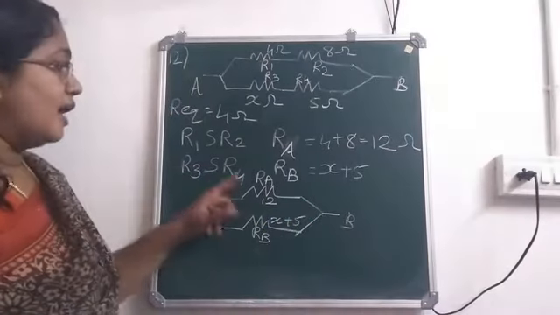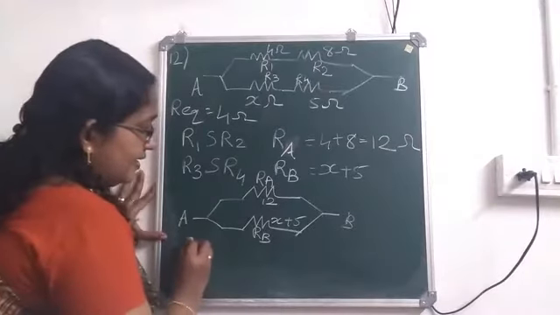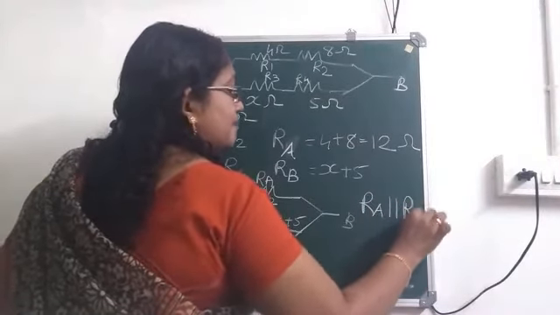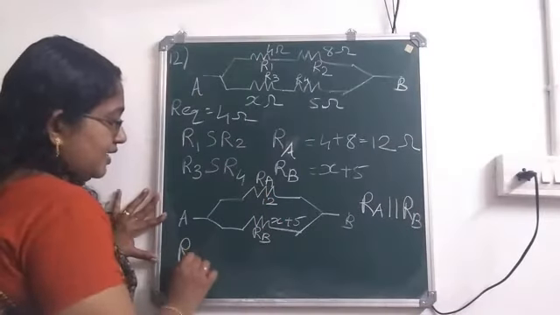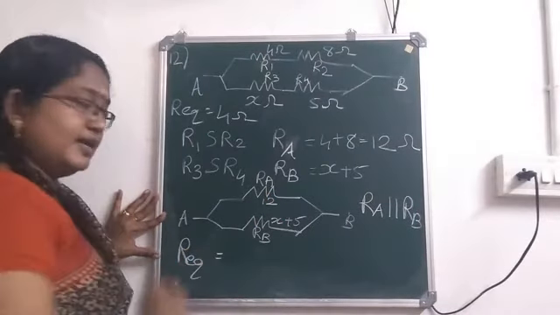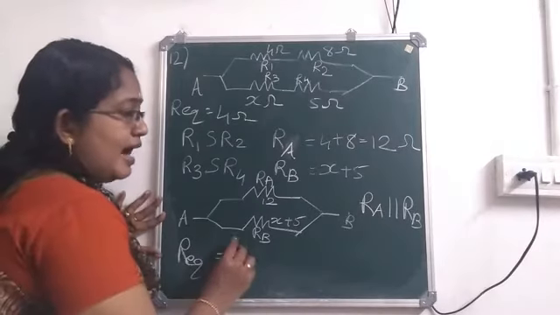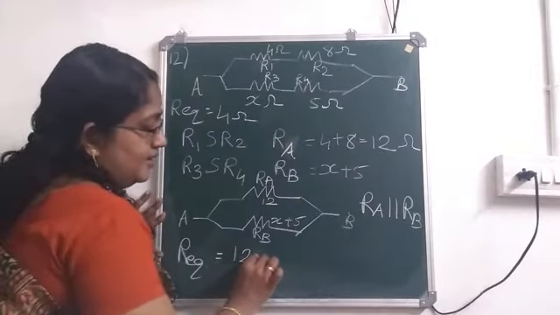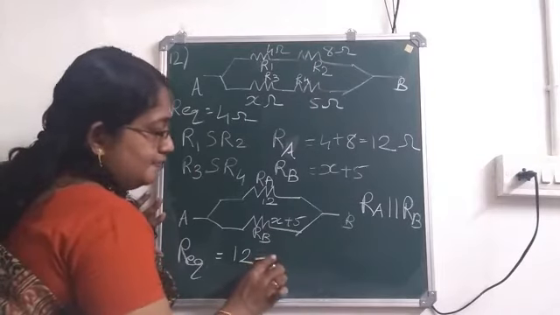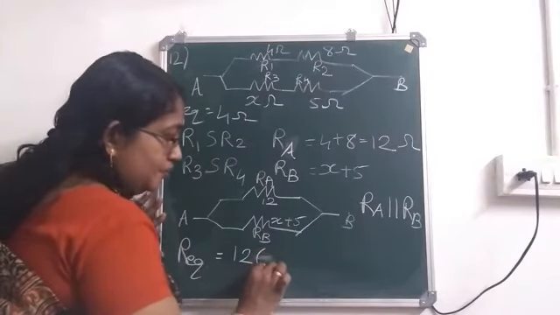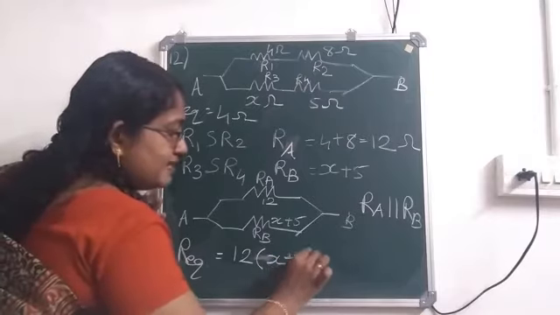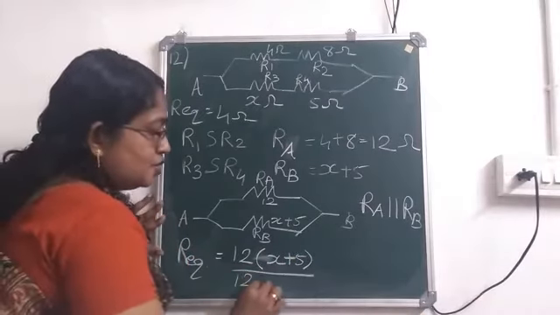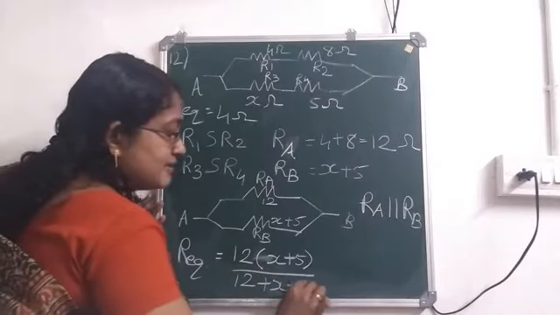Now, RA is in parallel to RB. So what will be our equivalent resistance? R equivalent is equal to RA RB by RA plus RB. That means RA RB, 12 into X plus 5, divided by 12 plus X plus 5.